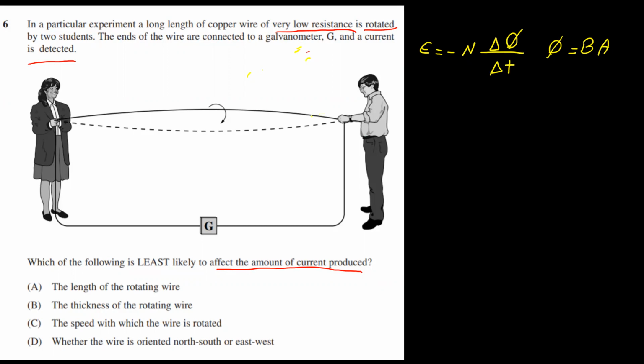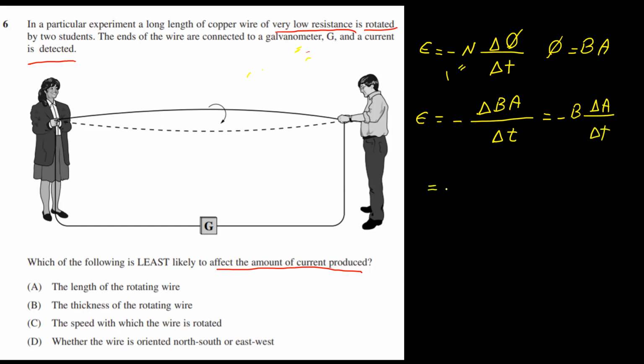In our case, because we have one wire, N equals 1. So I can write it simply as minus delta phi, and because phi is equal to BA, I can write delta BA over delta t. And as we know, the magnitude of the magnetic field of Earth is constant, so I can write it this way: minus B delta A over delta t.